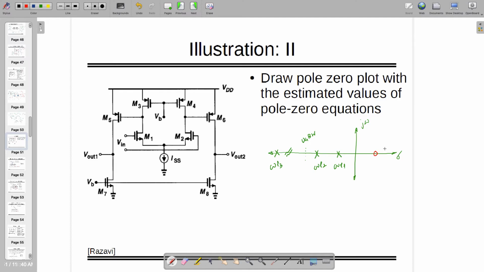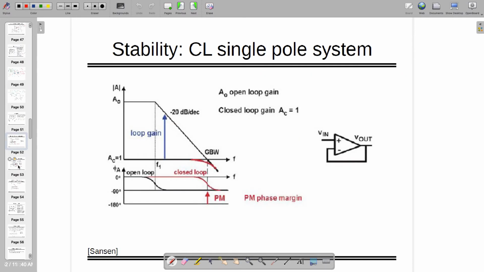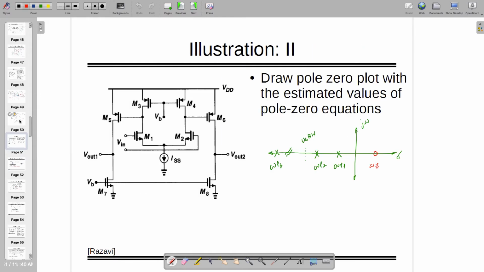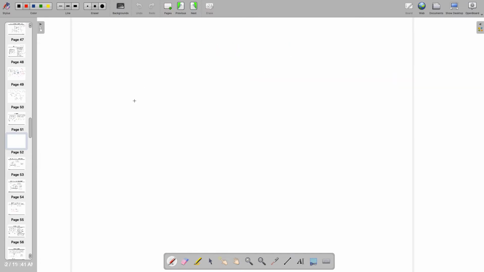So this is the pole-zero plot, where poles are denoted with a cross and zeros with a circle. All these locations are already known to us. Now the main problem here, as I told you, is stability. Stability is actually measured, or it's a function of the ringing.